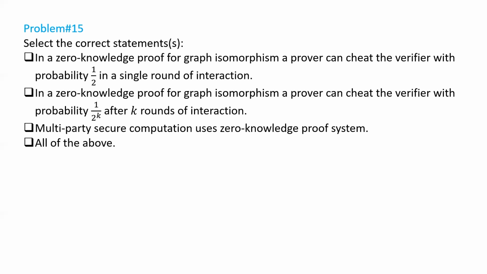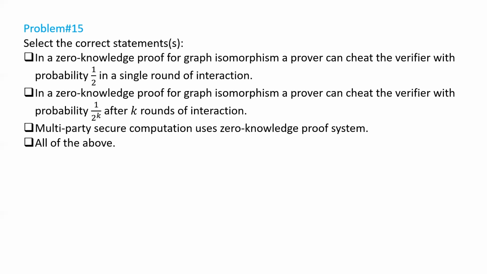So let's say it creates a bijection on G2. This bijection is different from the bijection existing between G1 and G2 that the prover already knows.